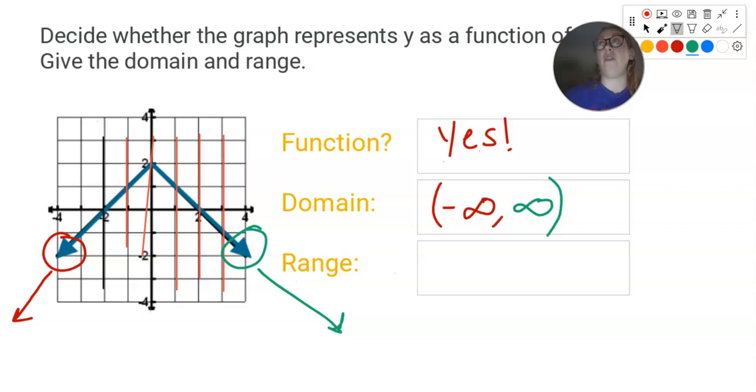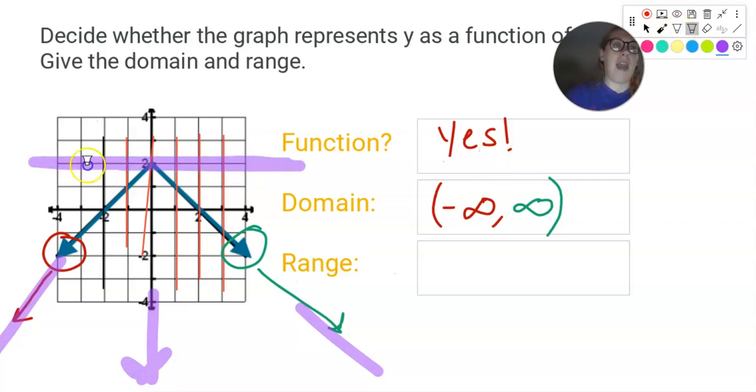You can plug any x value in and you will be able to get an output. But our outputs, our y values, do go down, down, down, all the way towards -infinity. The highest y value that we have is 2.